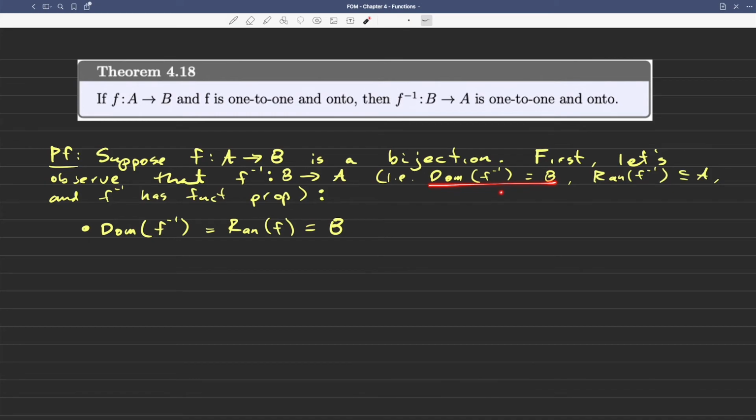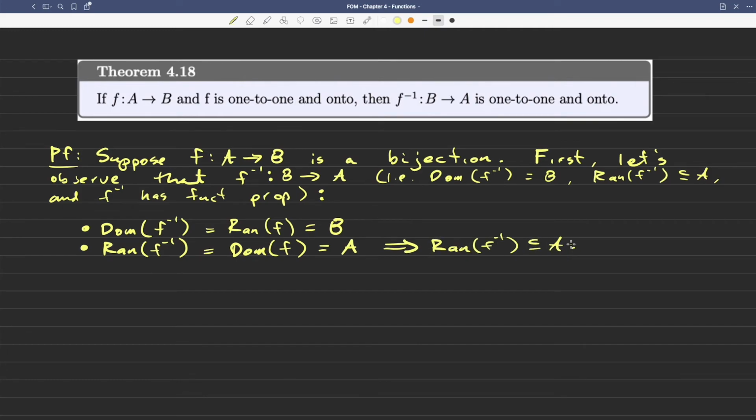So this bit right here checks out. And then we know that the range of f inverse, just as a general property of relations, is equal to the domain of f, and we know the domain of f is A. So that tells me that the range of f inverse is a subset of A. So this checks out.